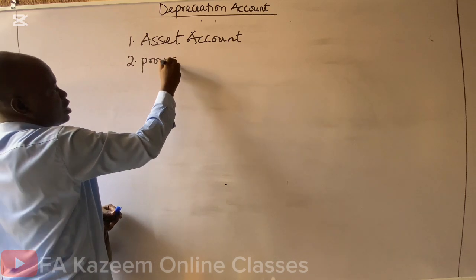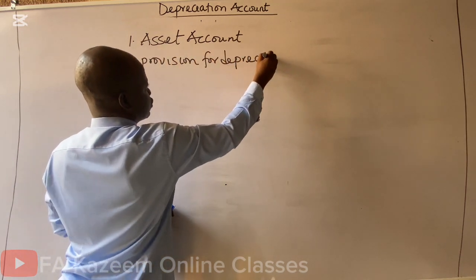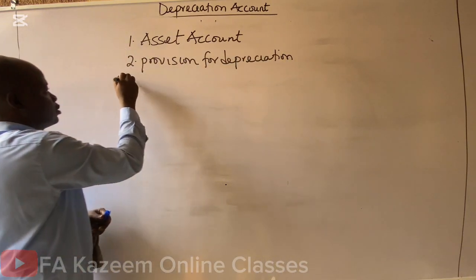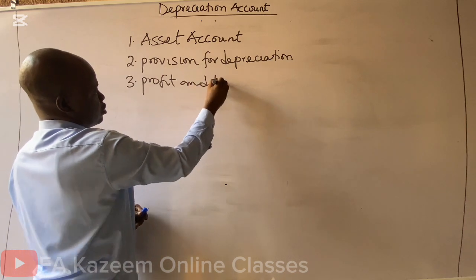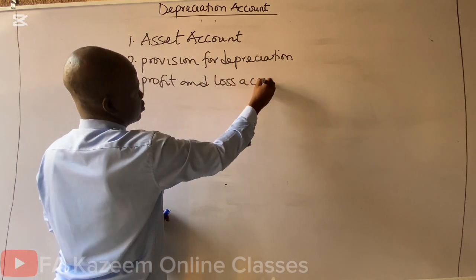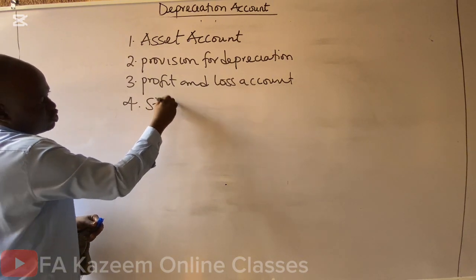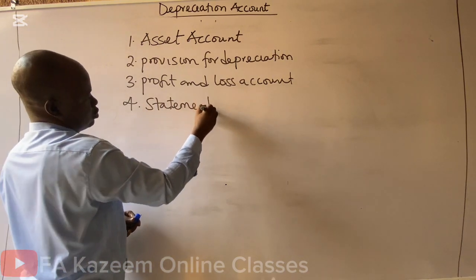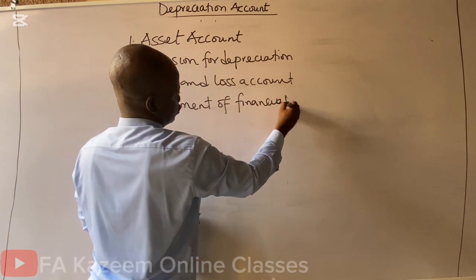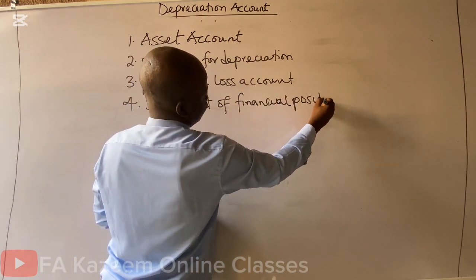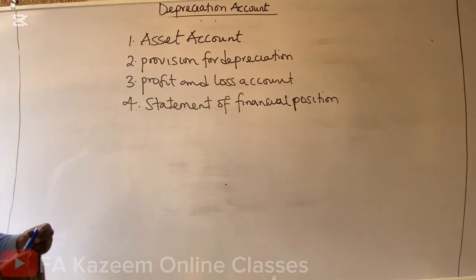Provision for depreciation account, 3. Profit and loss account, and 4. Statement of financial position. These are the accounts to be prepared.